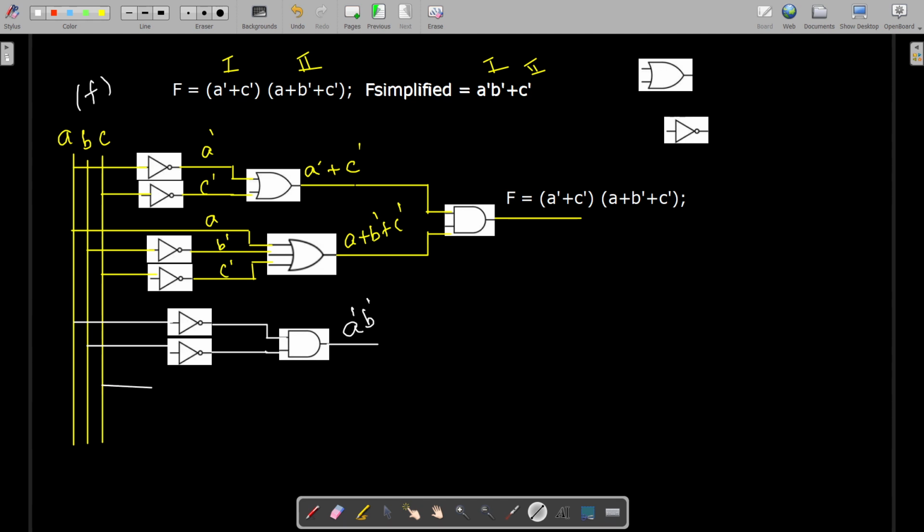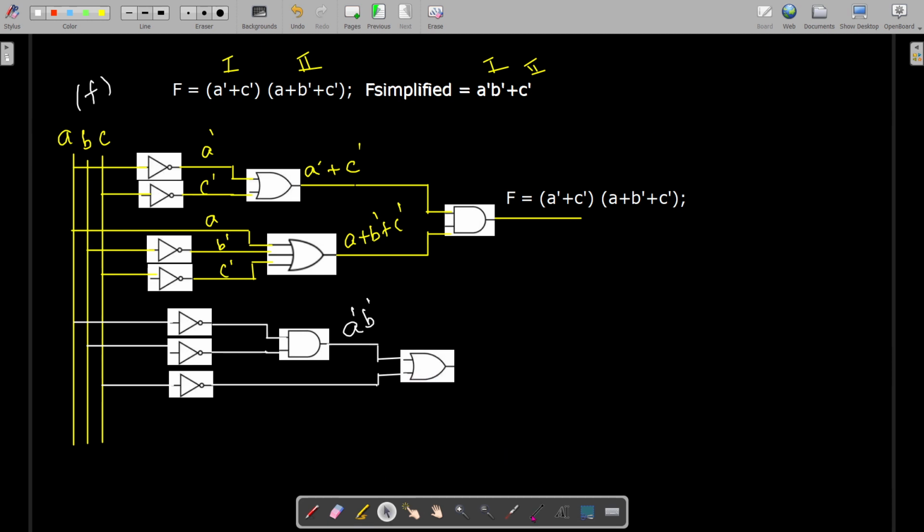Okay, so take the connection out of this, give it to an inverter. Okay, C dash. So these two, the first term and the second term, must be combined using 2 input OR gate. The output will give us the simplified one, right?